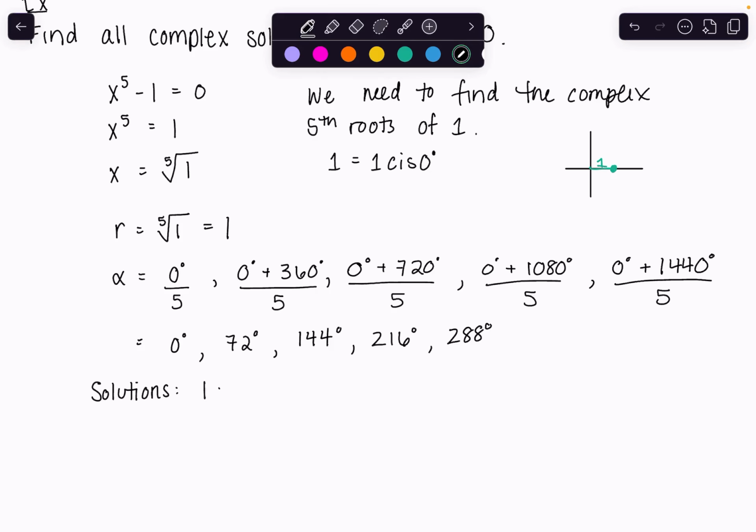So it is r cis the first angle, then r cis the second angle, r cis the third, the same with the fourth, and finally the last angle. Okay, so these are all 5 solutions of x to the 5th equals 1.